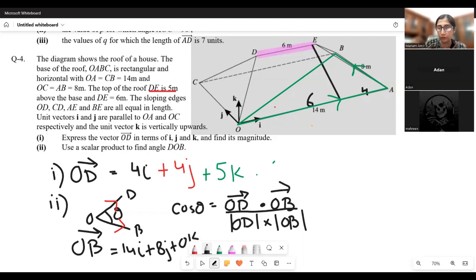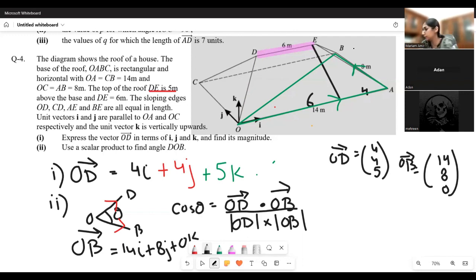Okay, now I'm going to write this as column vector. OD is 4, 4, 5 and OB is 14, 8, 0. Let me confirm. Yes, okay. Dot product of these two would be 4 into 14 plus 4 into 8 plus 5 into 0.